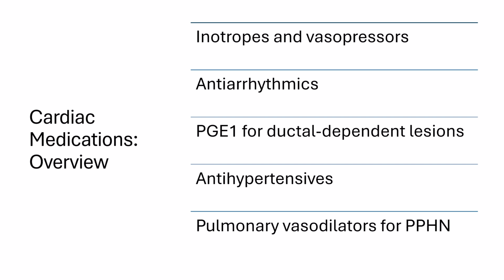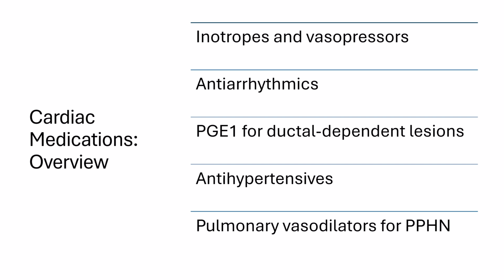Cardiac medications represent the largest category of pharmacology questions on the exam. You absolutely need to know these. The major subcategories include inotropes and vasopressors, like dopamine and dobutamine, which you'll use for blood pressure management and improving cardiac output. Prostaglandin E1 is critical for ductal-dependent lesions and is probably the single most important cardiac drug to understand.